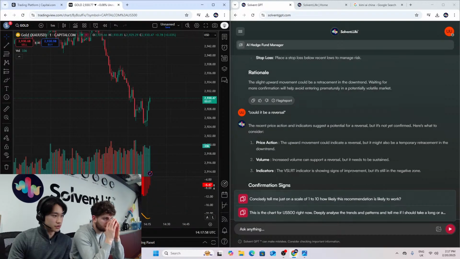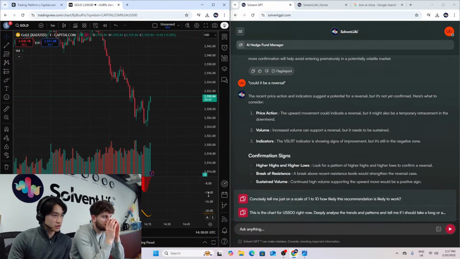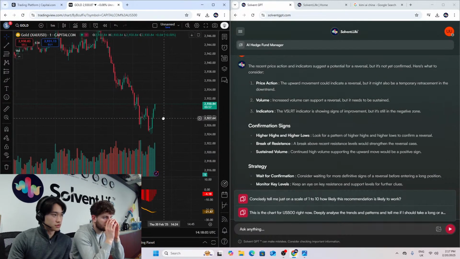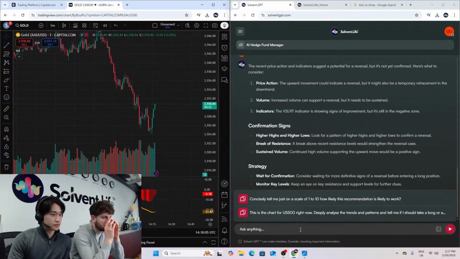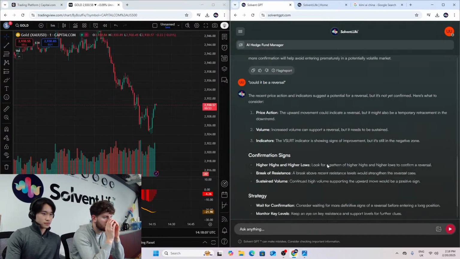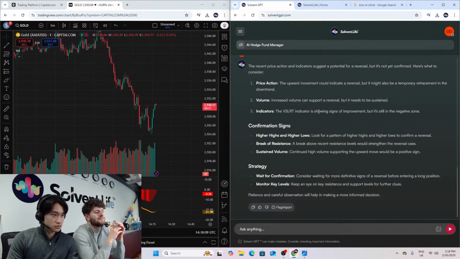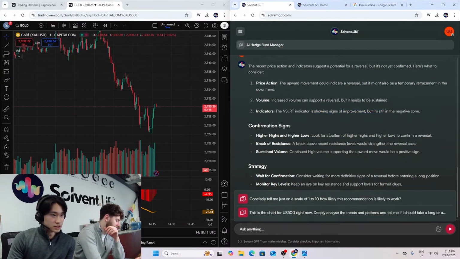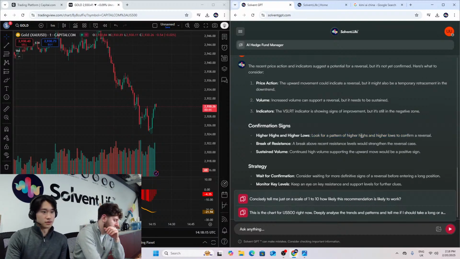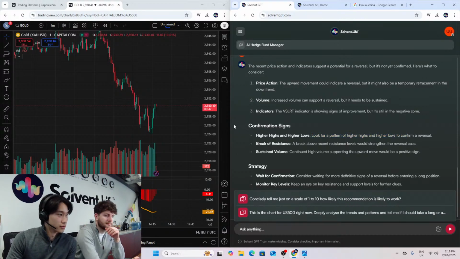We are seeing here the VSLRT, but it's still in the negative zone. Look for a pattern of higher highs and higher lows to confirm reversals.